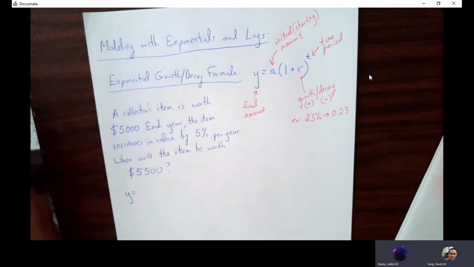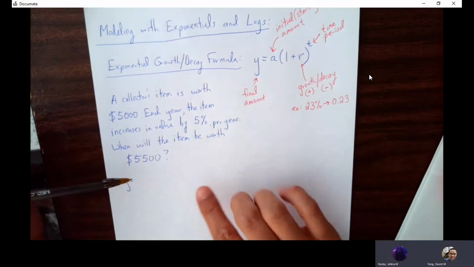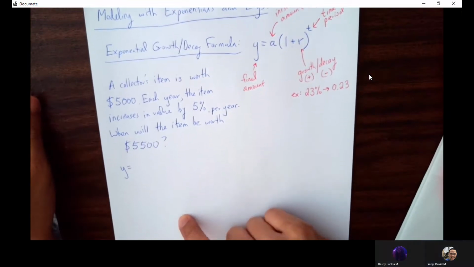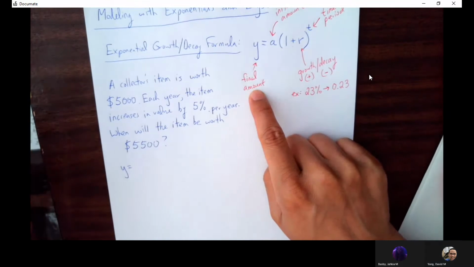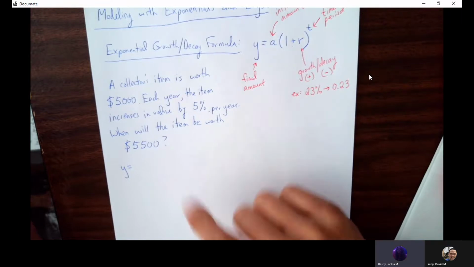The final amount, though. Oh, okay. How would I put that in the calculator? Right now we're not doing the calculator yet. We'll save it for later. Right now we just want to gather some information. So what's the final amount in this scenario? 5,500.